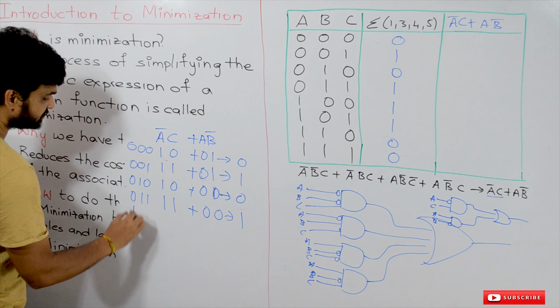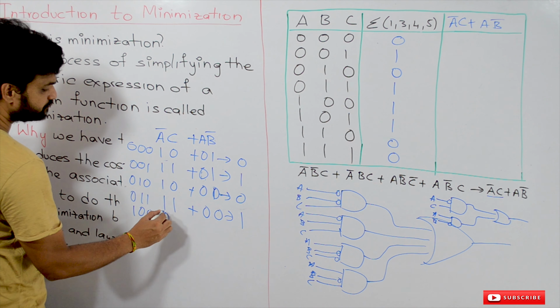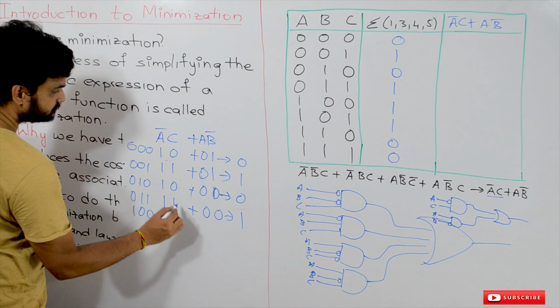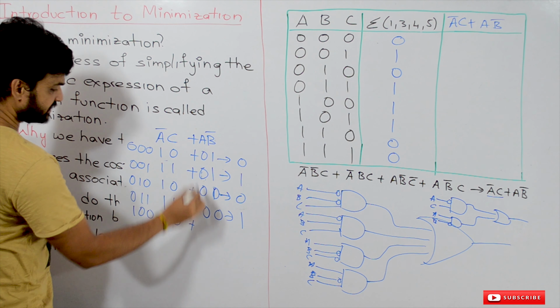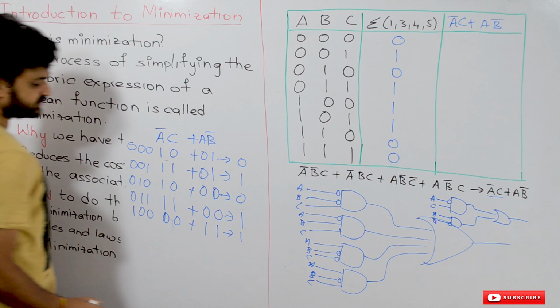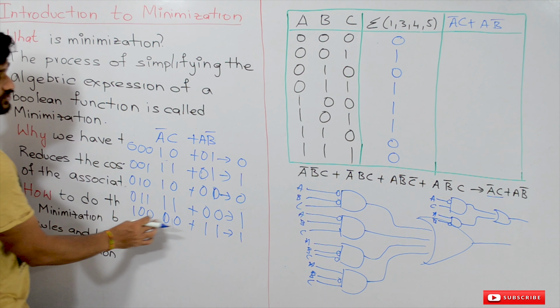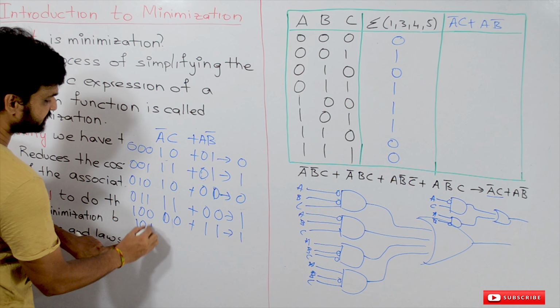The next one is 1 0 0. A is 1, so A complement is 0, and B is 1, C is 0, this is 0. Similarly here A is 1, B complement is 1, so it is going to produce an output of 1. For 1 0 0, the output is 1. And the next one is 1 0 1.